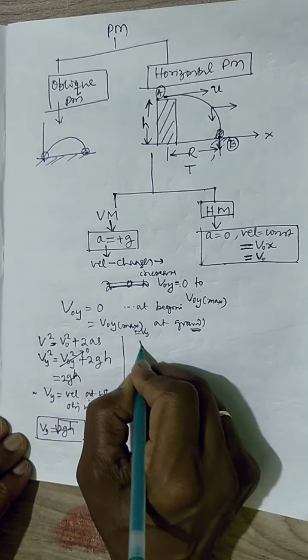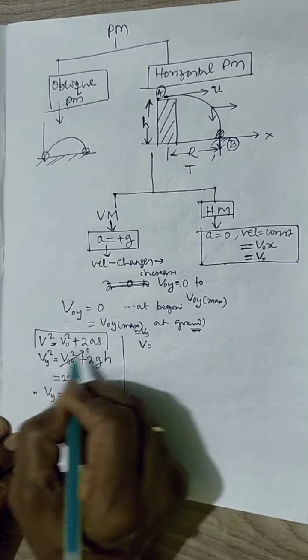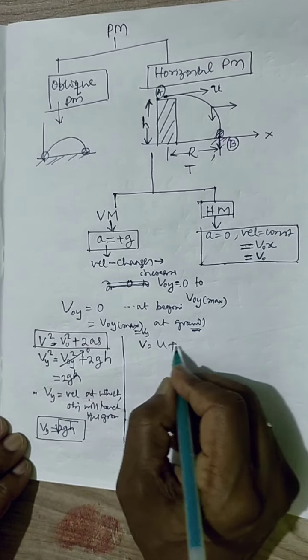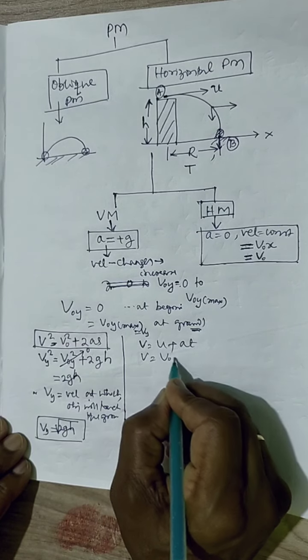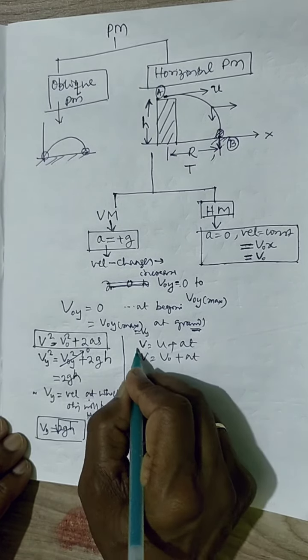Now, using the formula v is equal to u plus at.